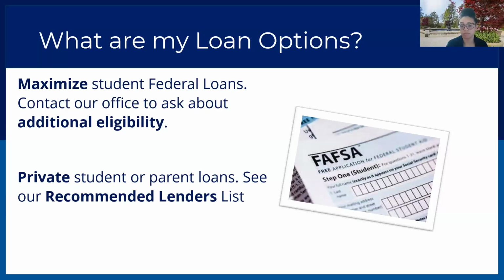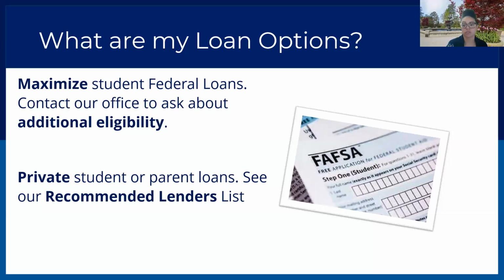So we make that call looking at your FAFSA to determine if and how much can be interest-free. You're just taking out the base loan versus how much would have to be interest-bearing and accumulate while you're in school. So we will distinguish that for you.